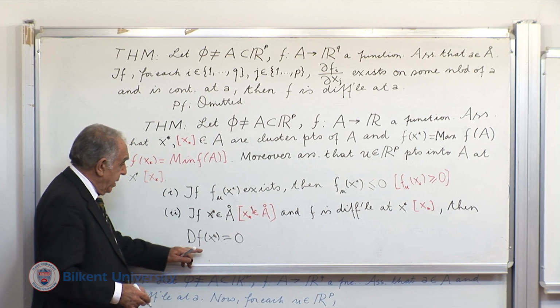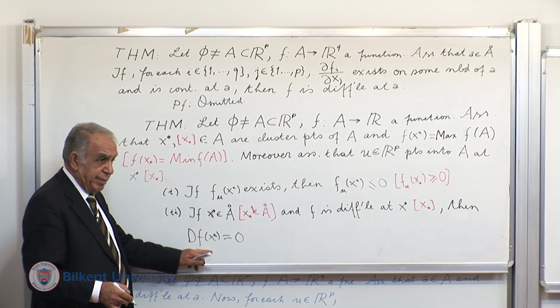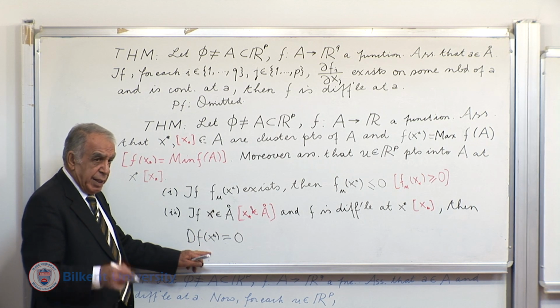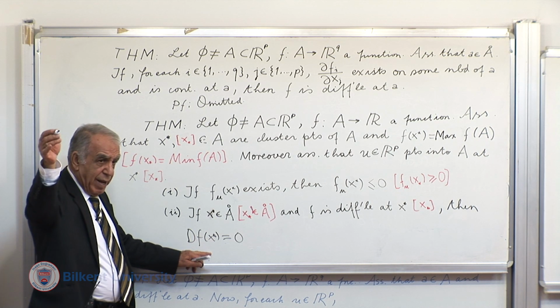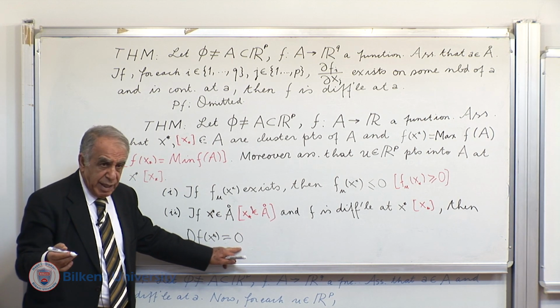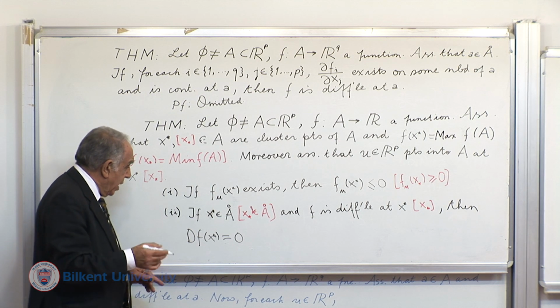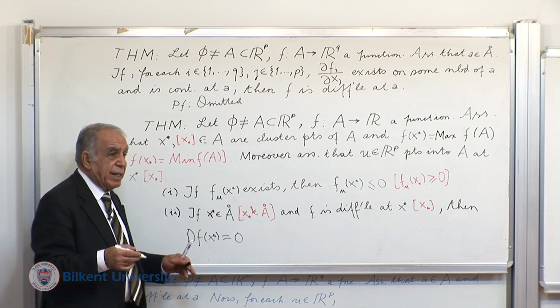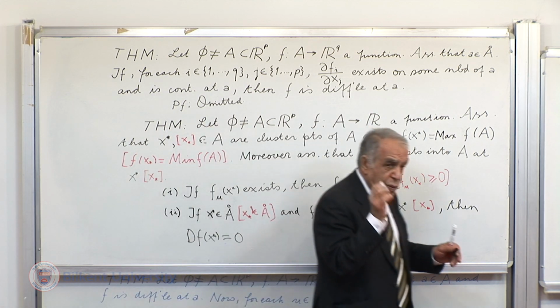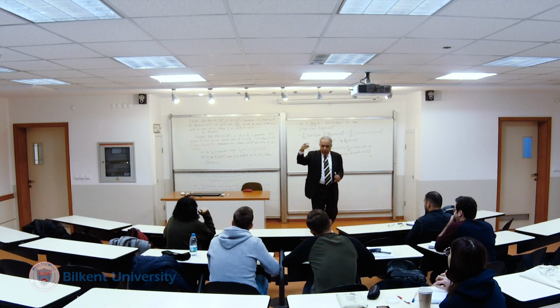Now, this means what? df at x star, that's a function. It's on Rp with values in Rq. So this stands for the 0 function here. That is, spelled out in detail, df of x star at u is equal to 0 for each u in Rp.